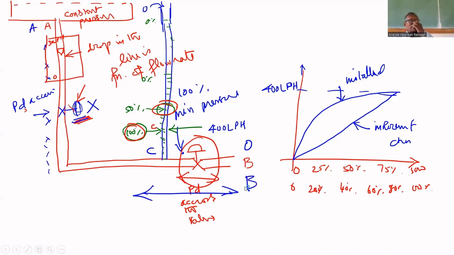In industries, we can keep A and B constant; we cannot maintain C and B. That's why it is called installed characteristics: after installing in the system, how it behaves. So this way you have to do the experiment.